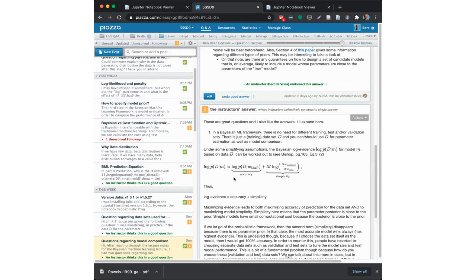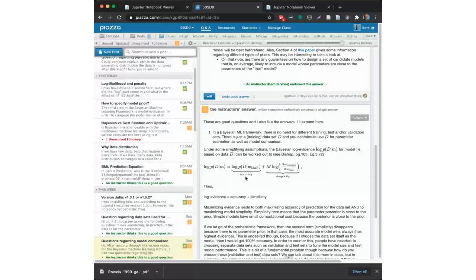Accuracy means how well my neural net or my model can predict the data. Well, I could just keep growing the size of the network until my neural network or my model becomes sort of a table lookup. And then, yeah, I can predict the data perfectly. So that would be the best model. But that's not the essence of a model.